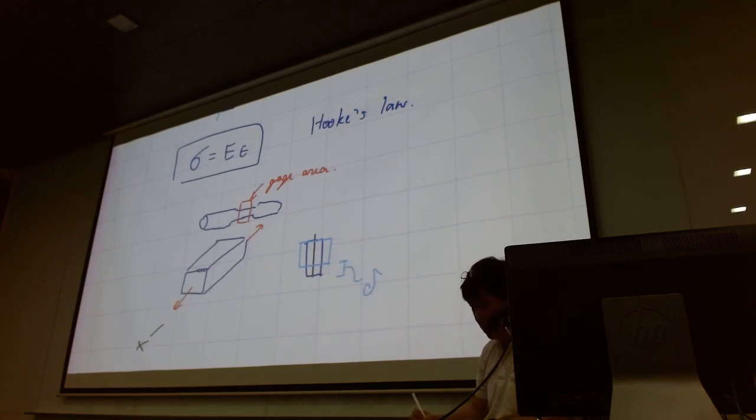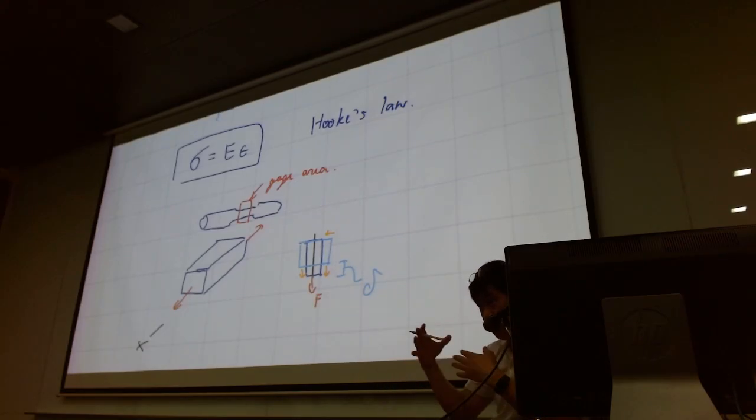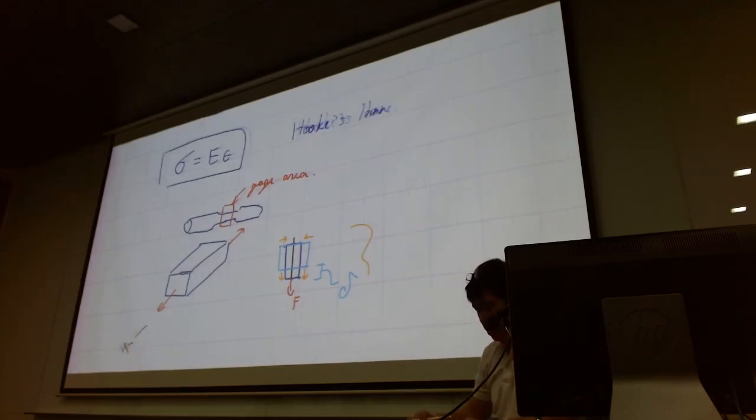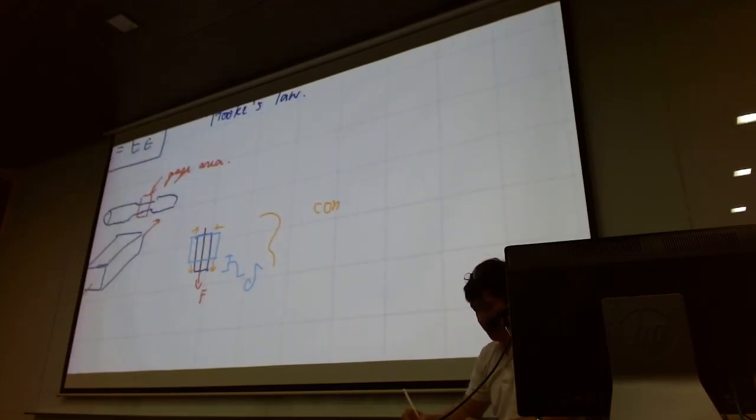So this is delta that has been elongated. But also you have a shrink. So this delta is actually going along the line where the force is acting. The delta itself increases the length, but if you look at the other dimension, they shrink as well, because we have what we call conservation of volume.